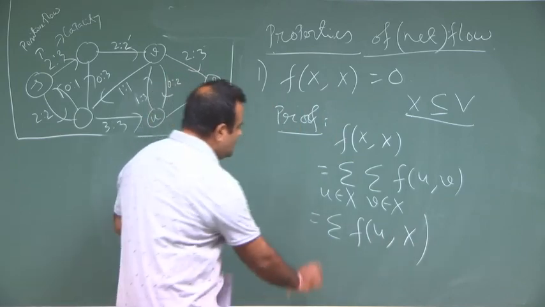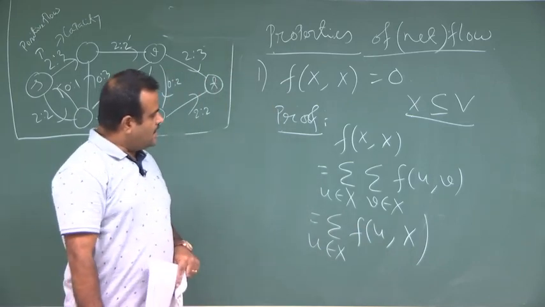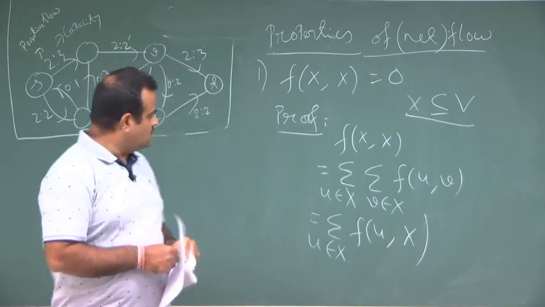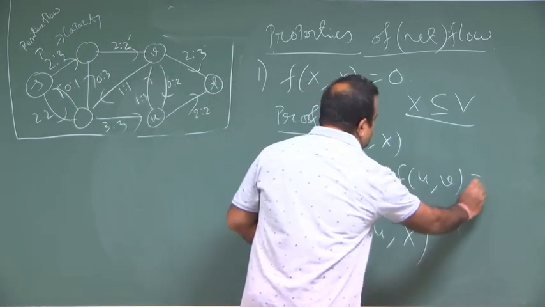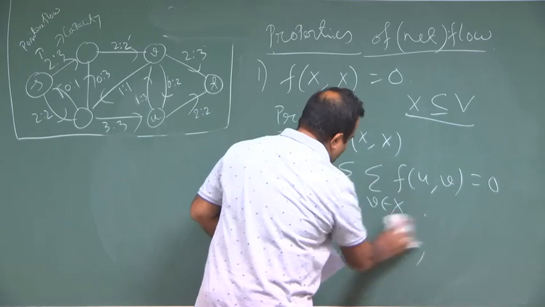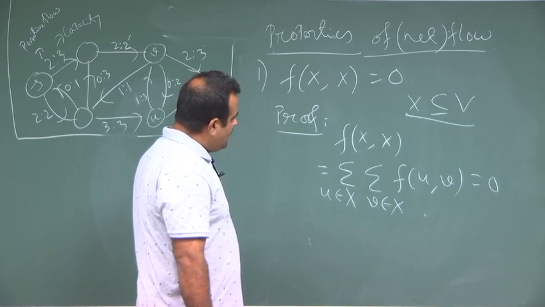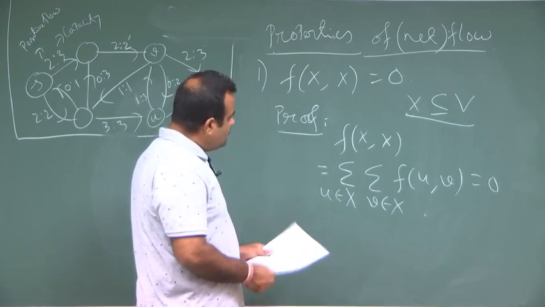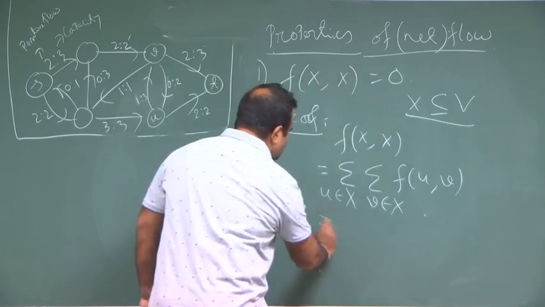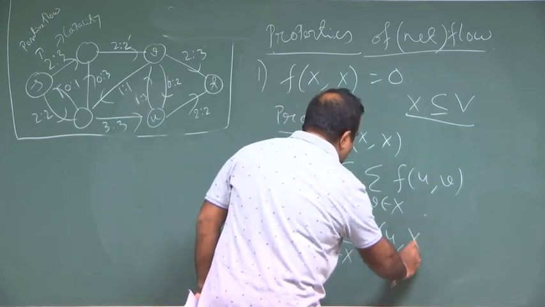So this is basically the net flow which is going from s to s. This is nothing but 0, because we know the net flow of any vertex is 0. This comes from the double summation. Now we take the sum of this, which is the summation over u belongs to x of f of u comma x.